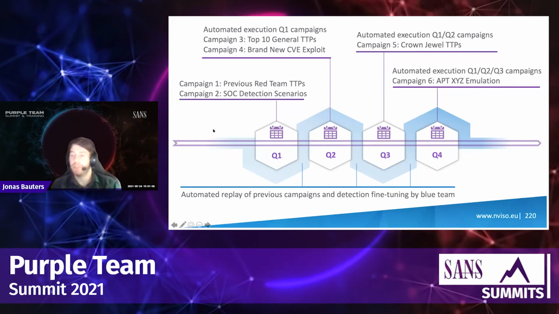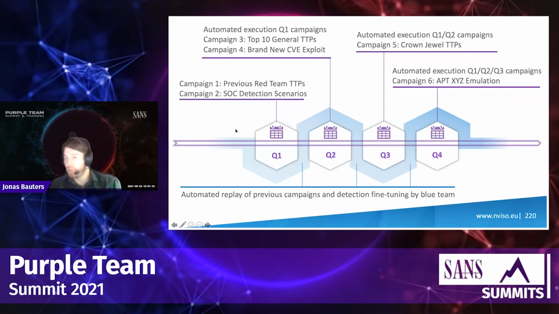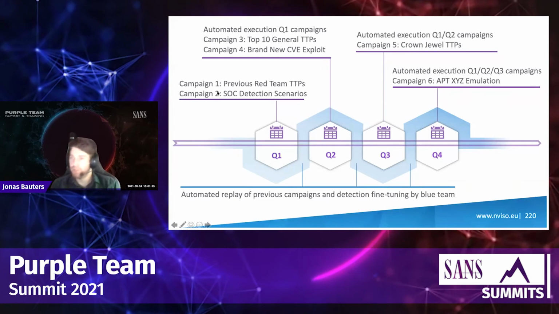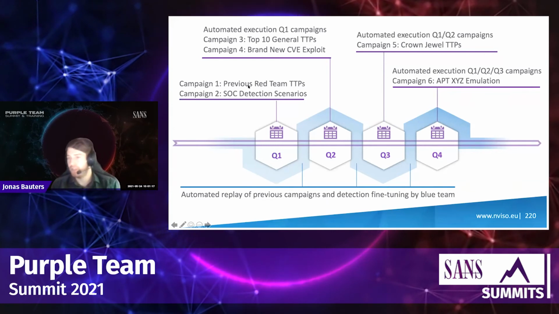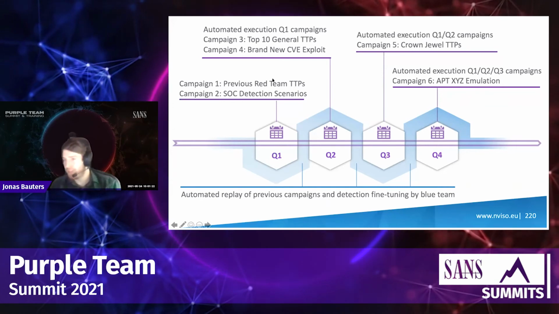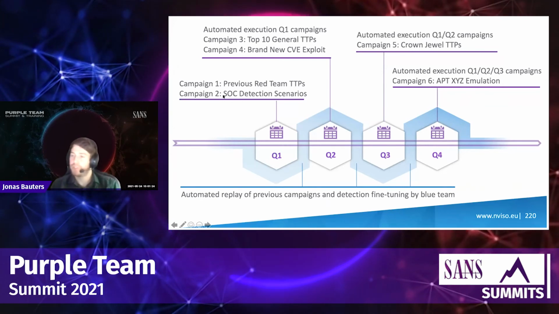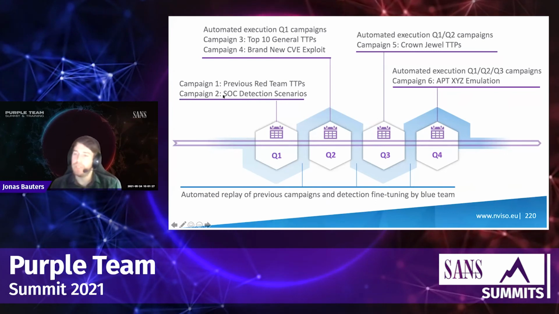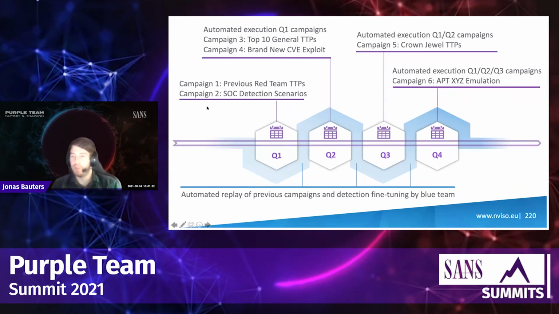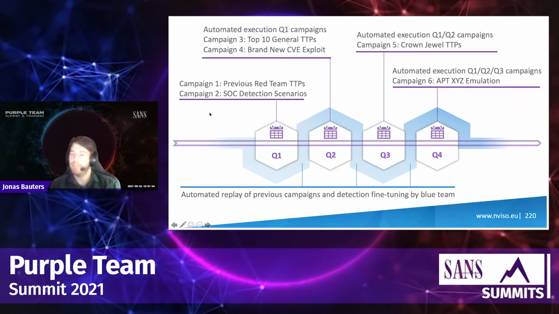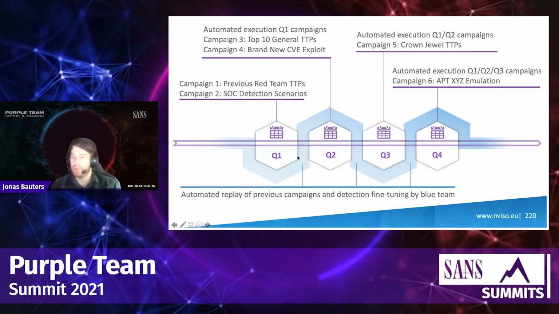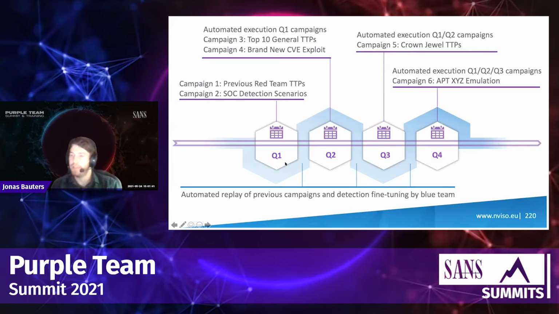So in practice, what this could look like is that for the first quarter, we select 2 campaigns aimed at adversary simulation. For example, we take TTPs used by a previous red team or used during a previous exercise, and then TTPs for which the SOC thinks that they should have detection in place. We execute these. We report the results. We pour these into replay packages, deliver that to the blue team, and they can execute these packages at will in between quarters and keep fine-tuning their detections.